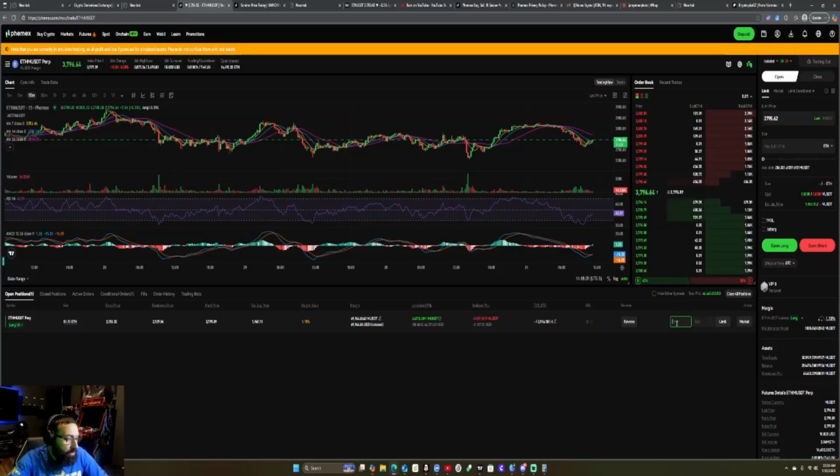Let's do 37.90. We're going to close 25% of the trade, which will net us $11,000. All right, so we'll just do limit. Okay, so we have a limit close at that level.